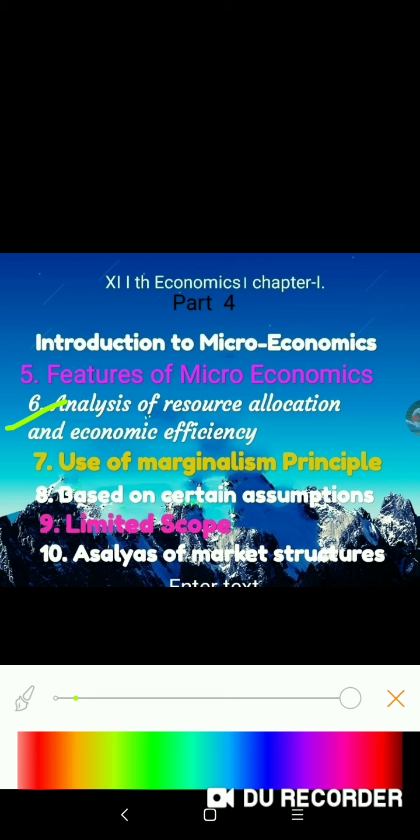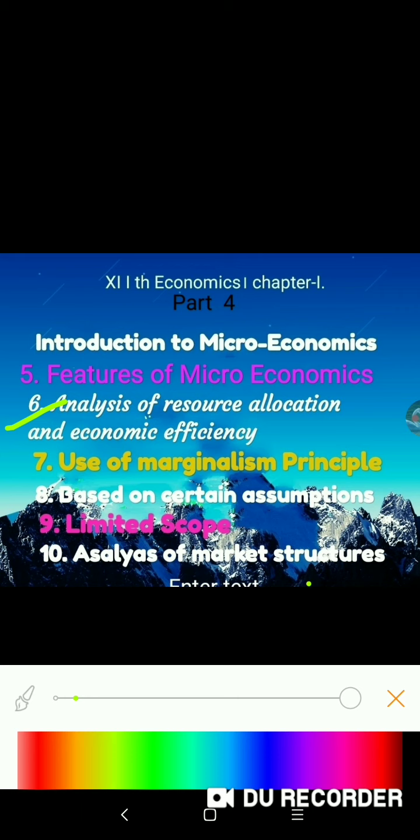In turn, this determines first what goods will be produced and in what quantities, and second how they will be distributed. It means microeconomics also deals with the problem of income distribution. Microeconomics also examines whether the given allocation of resources is efficient, means whether it results in economic welfare of society.